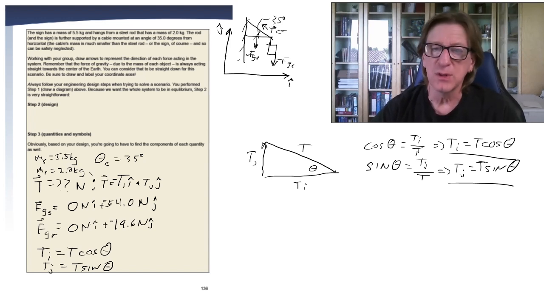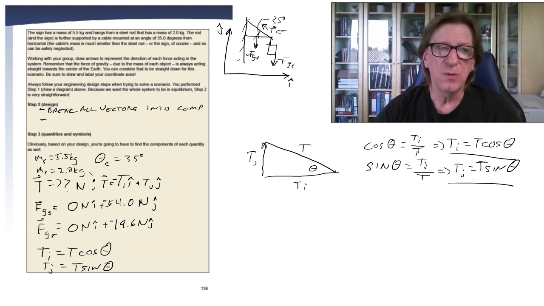Okay, so looking at our design then, now that we've got everything identified here, we've already done this. Our first step is always to break all vectors, not just forces, but all vectors into components. We always do that. Okay. Now we need to do that right there, which means equilibrium.